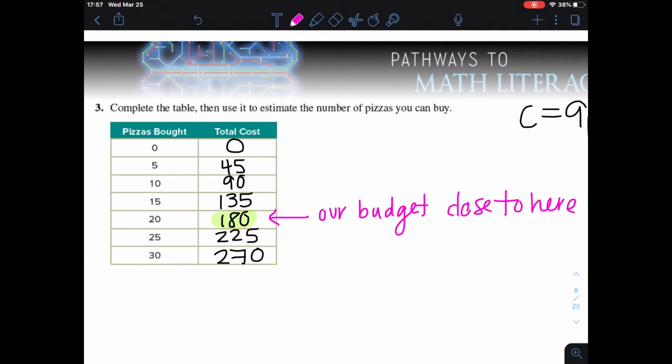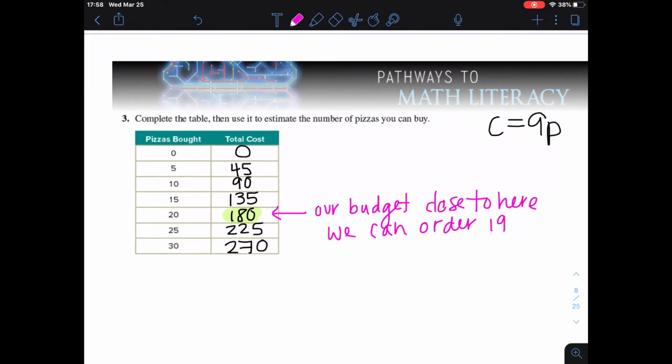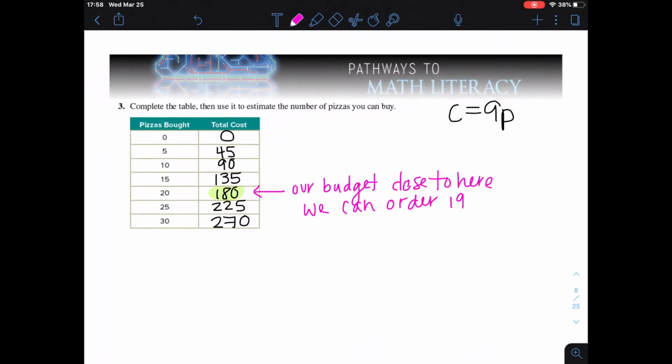So you could probably think that we can order 19 still. I know we already know exactly how many pizzas we've got, but it's tying everything we've done together. We've got this estimation, we've got this direct variation, and now I can get an approximation for how many pizzas we can possibly order.